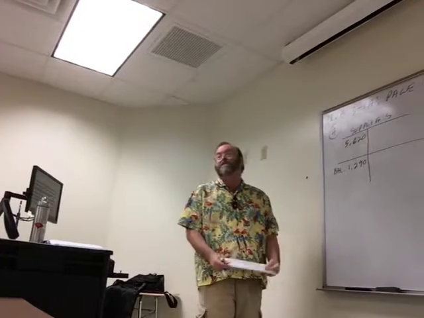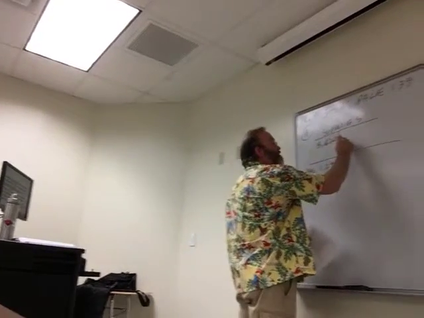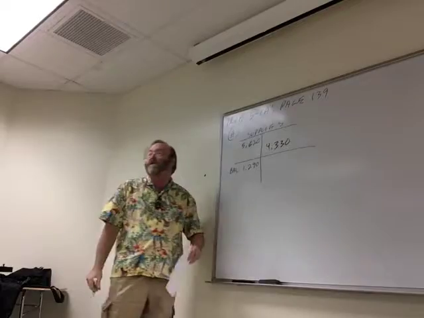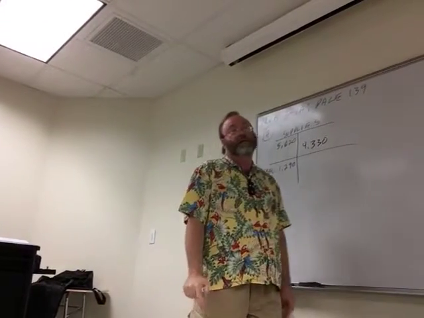So how are you going to get there? You've got to lower that account, right? By $4,330. So how do you lower an asset account? Do you debit it or credit it? Credit. So you need to make a $4,330 adjustment. Now here's the other secret about adjusting entries.